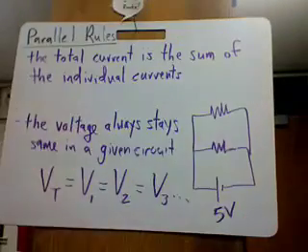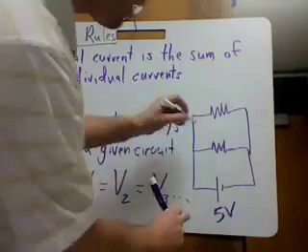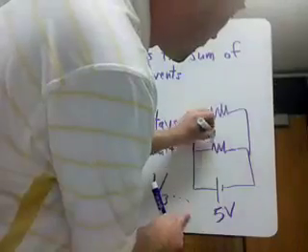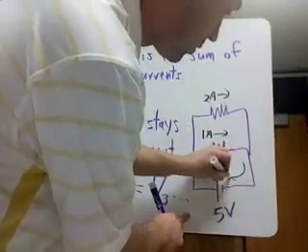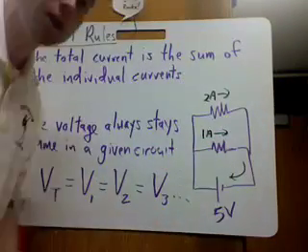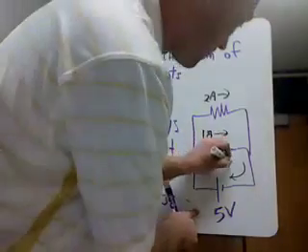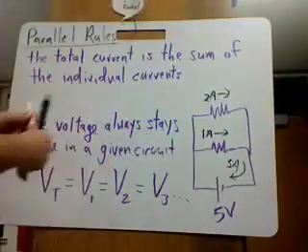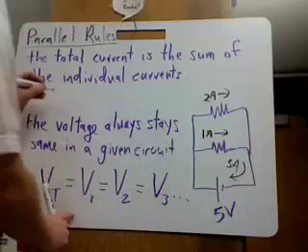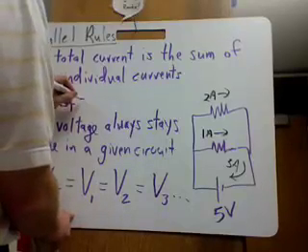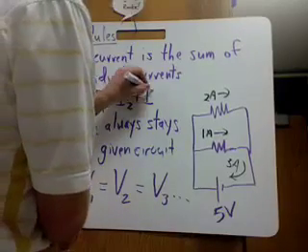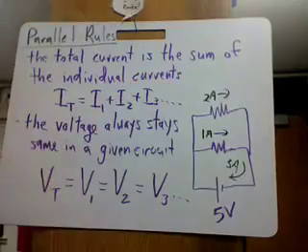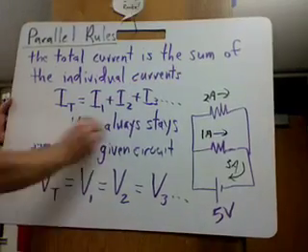This should make sense, because let's say I have 1 amp flowing here and 2 amps flowing there. Then how much do I have to have total going into the battery? You guessed it, 3 amps. So the total current adds up to the individual currents. I could write this as I equals I1 plus I2 plus I3, and so on.